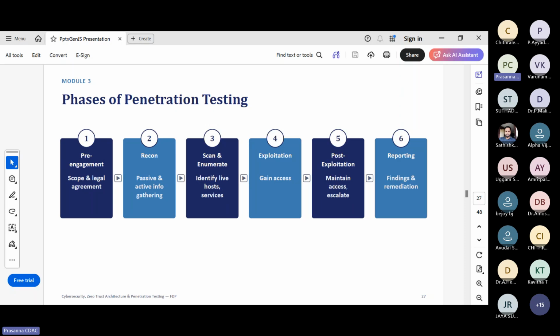Next comes reconnaissance. This is passive and active information gathering. Before a thief steals from your home, he visits your site, and finds the movements of traffic near your corridor, everything. It is a kind of passive as well as active information scanning.